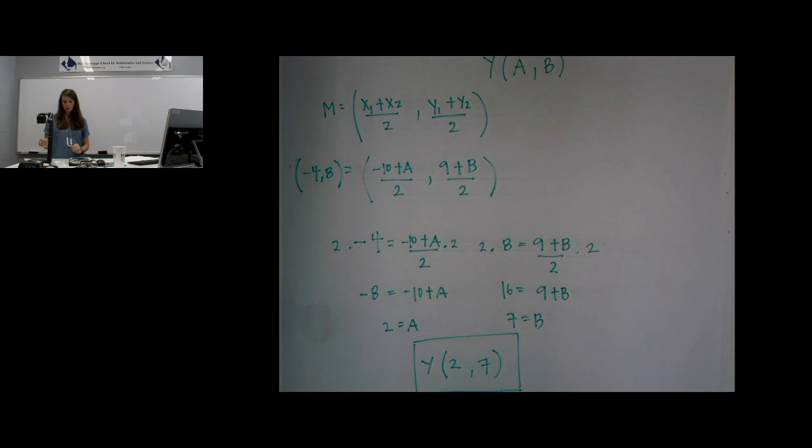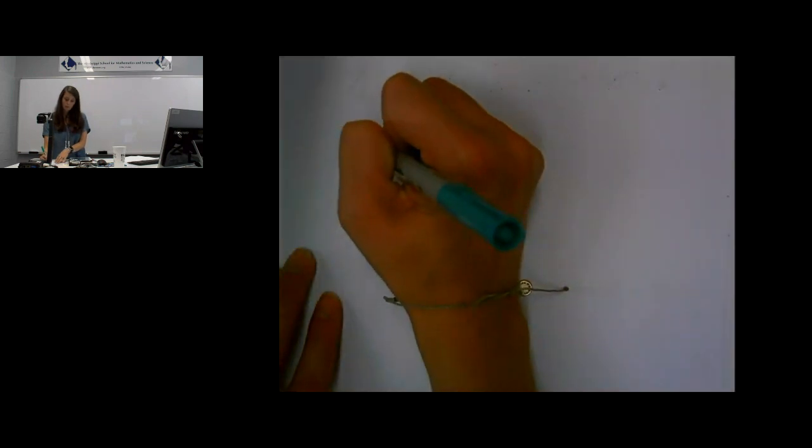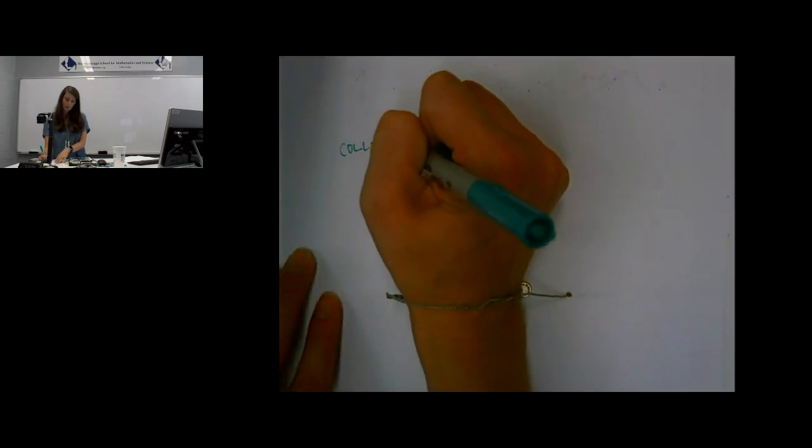Okay. All right, collinear points. So let's talk about some definitions. So collinear means that they are in a straight line.